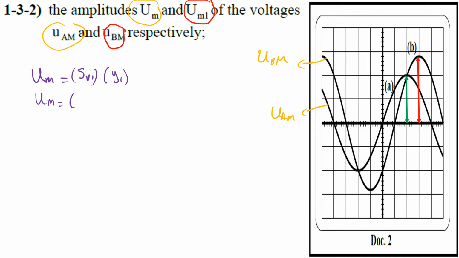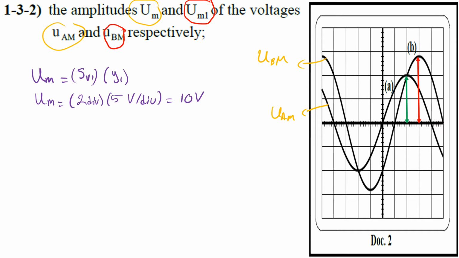So I have 1, 2, I zoomed it in to see the divisions. 1, 2. So we have 2 divisions multiplied by the sensitivity, which was 5 volts per division, and we get 10 volts.